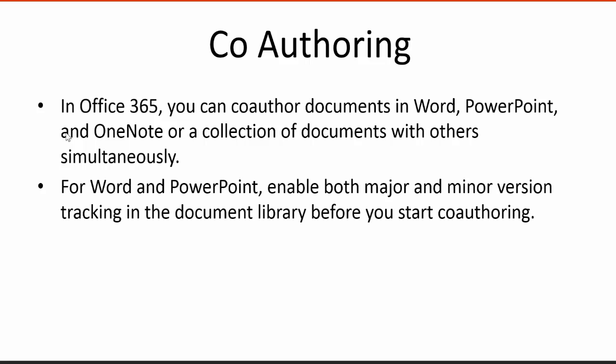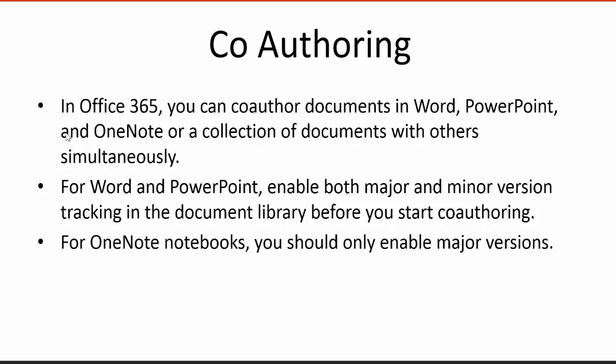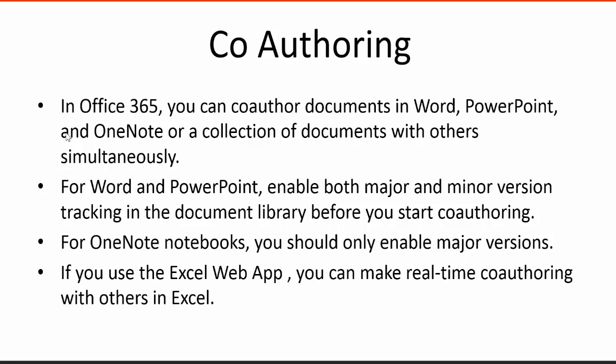To do that, for Word and PowerPoint, we need to enable major and minor versions tracking in the document library settings before we can co-author. For OneNote notebooks, you only need to have major versions enabled. And for Excel, you need to have the Excel Web App, and then you can do real-time co-authoring with others in Excel.